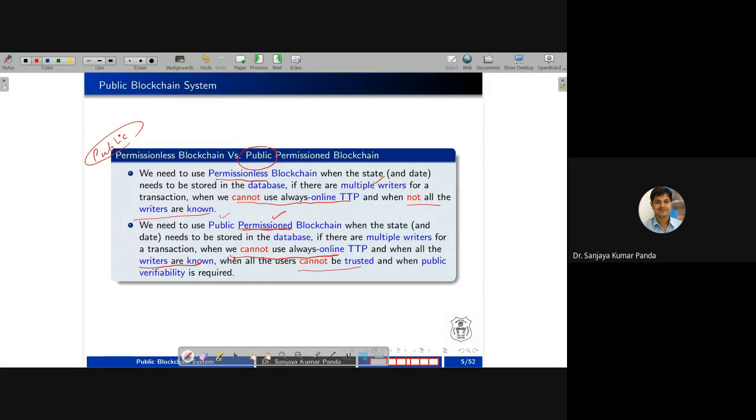In both cases it is public, so in both cases you will not believe the user. Public verifiability is required here because it is permissioned. Public verifiability is not required in the case of permissionless blockchain. So in that way, based upon the number of writers and based upon public verifiability, you can distinguish permissionless blockchain versus permissioned blockchain, right?